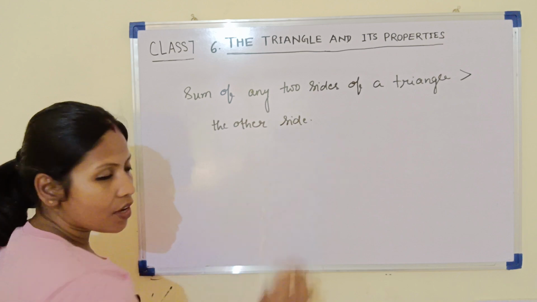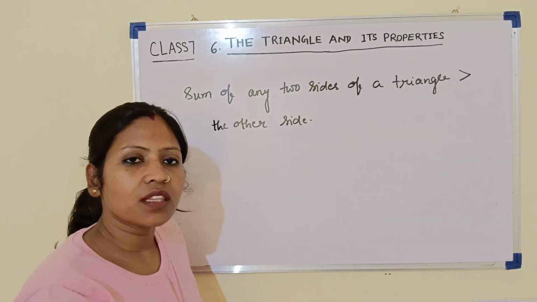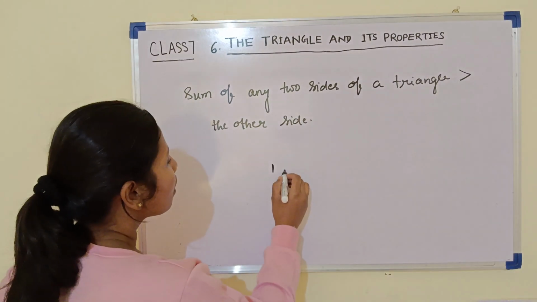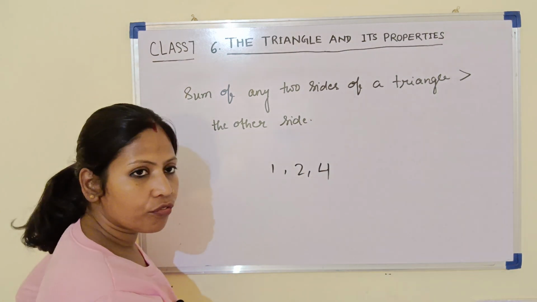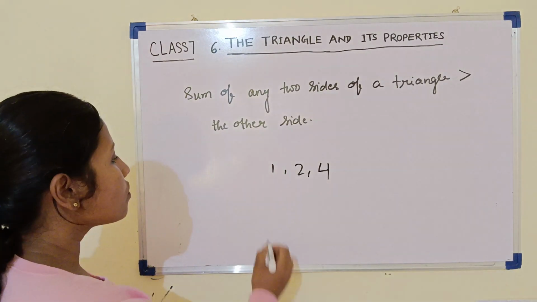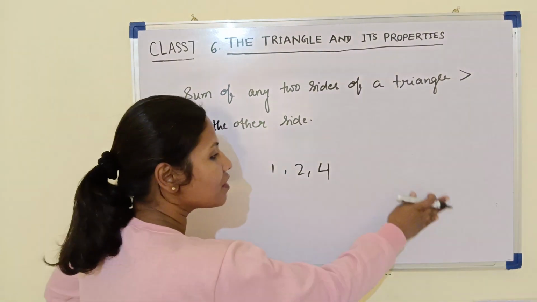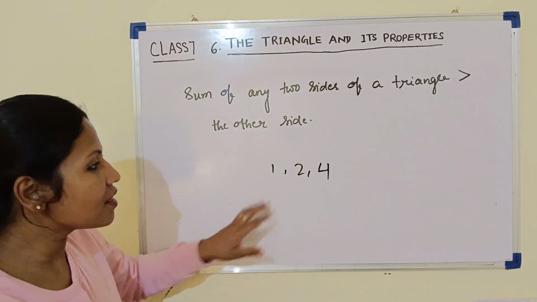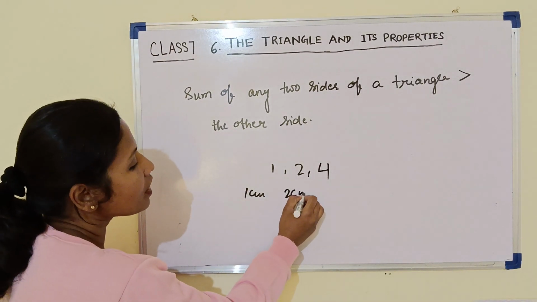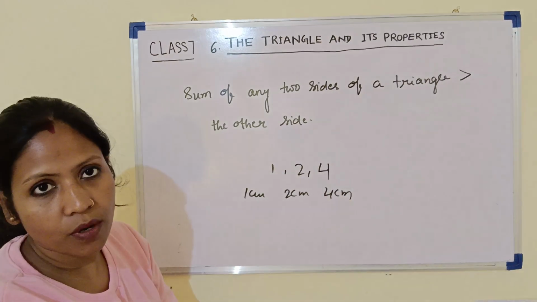Means if someone gives you three side lengths, it is not always possible to form a triangle. Suppose I give you 1, 2 and 4 centimeters. If I ask whether you can make a triangle with these sides, when you draw, you will find that this is not possible.